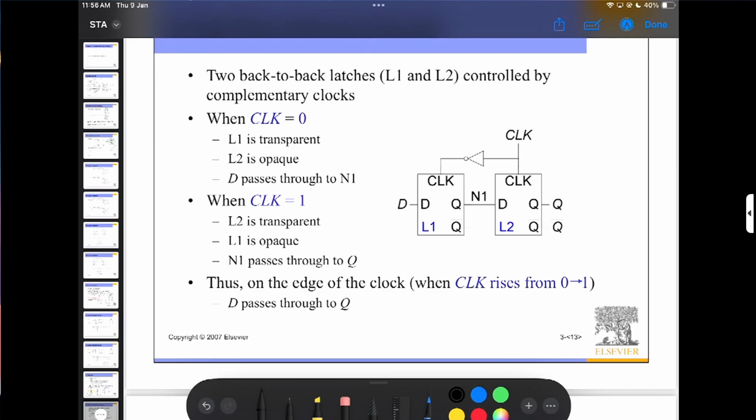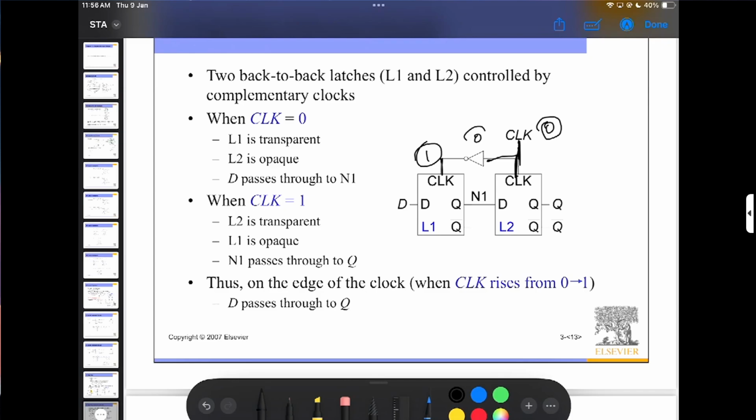So what it tells is, here is the clock and here is the NOT gate. When we give the clock, suppose I give clock 0, at that time this circuit will not work. What happens if this circuit is 1?